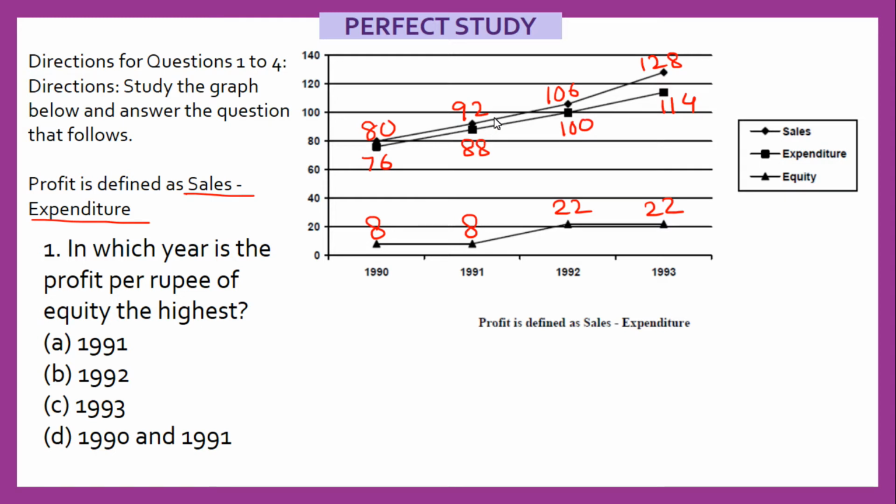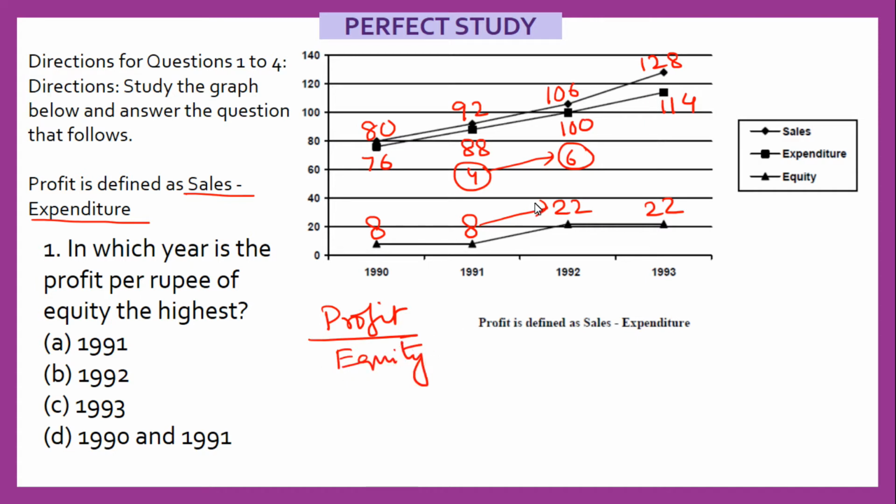Now let's consider this one. Here if you notice, the profit value is 4 and here the profit value is 6. 4 is increasing to 6 and 8 is increasing to 22. Now what I need is profit per rupee of equity, right?